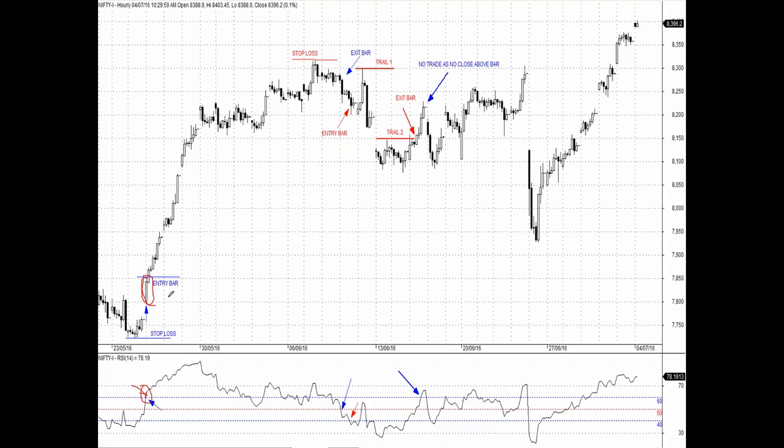So we call this bar our entry bar or alert bar. Next day or on the next hour, we will mark the high of this bar, and if the close is above the high of this bar, we will buy, and then goes the trade.